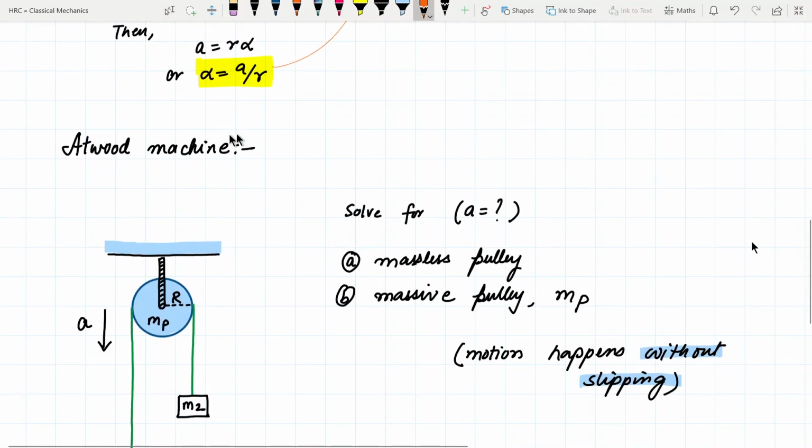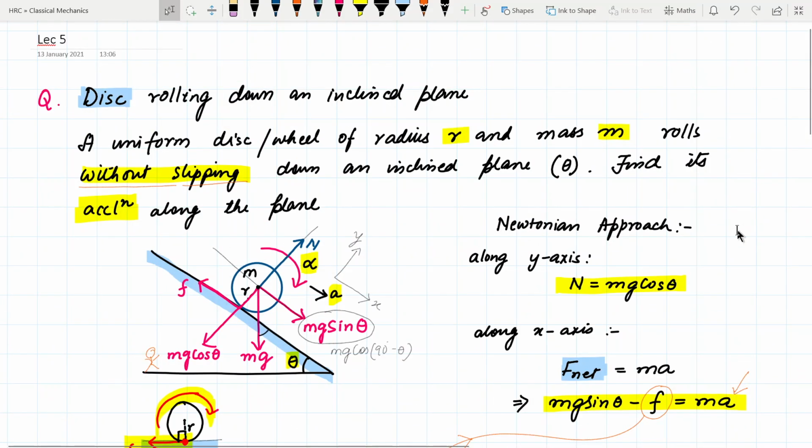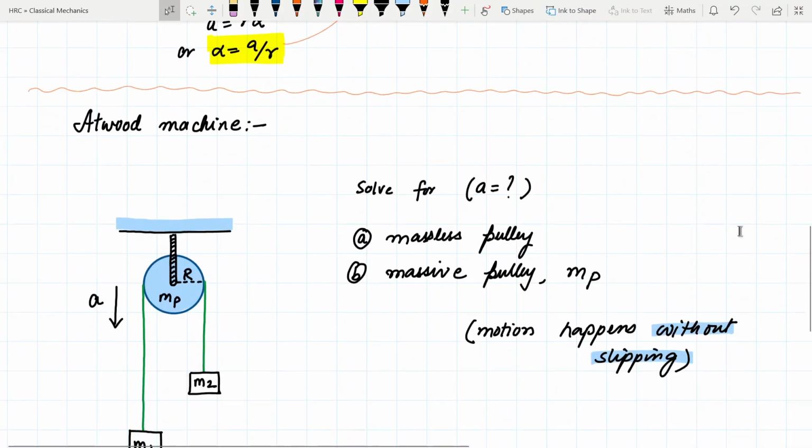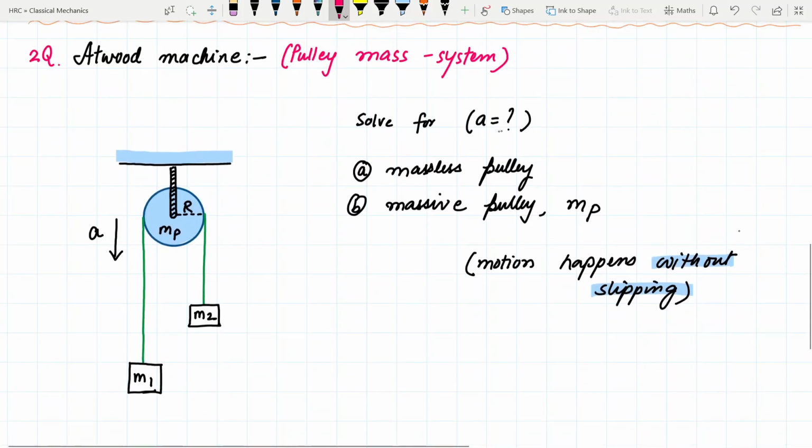This is the first question that we had, question number 1, and now let's go to the second question, which is the Atwood machine or pulley mass system basically. Again, my objective is not to get the answers but to understand the concept behind solving problems like these.